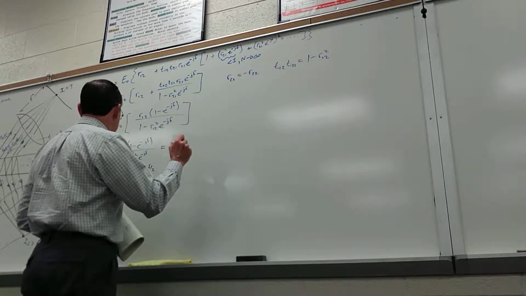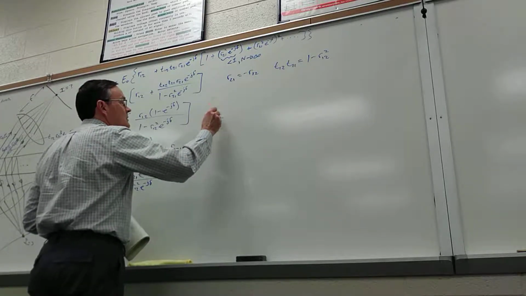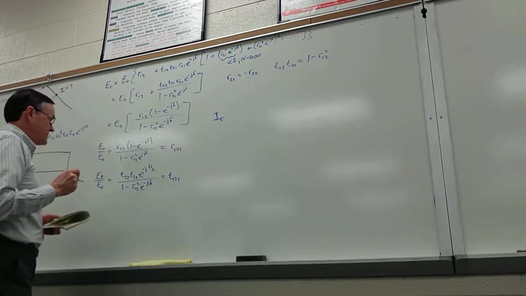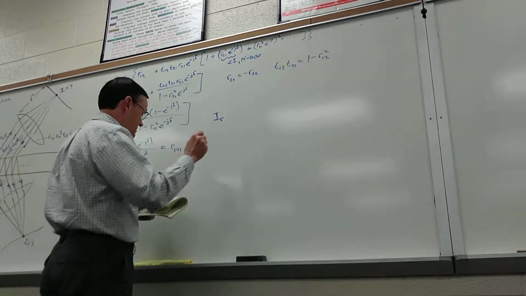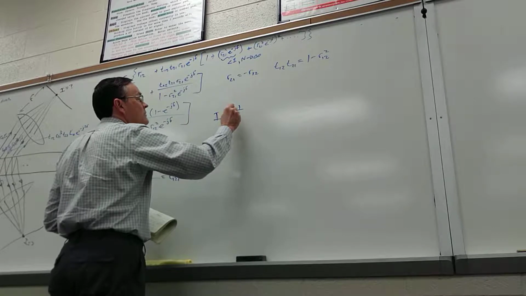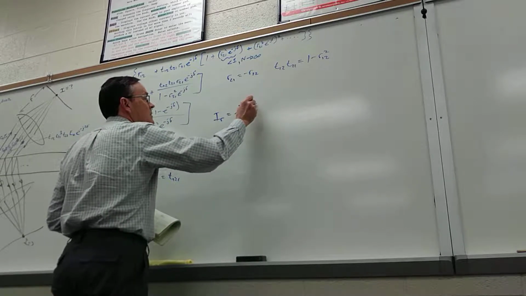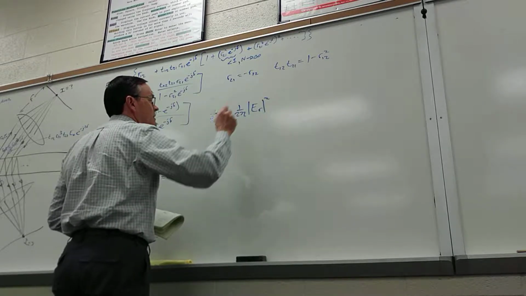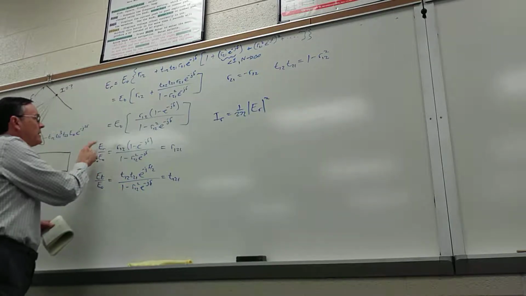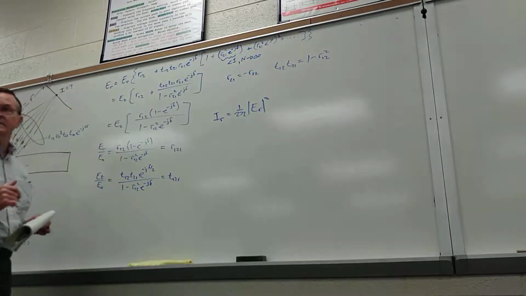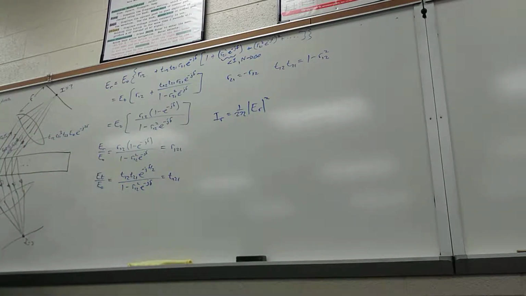Okay, so now what we can do is calculate the irradiance, and so the irradiance for the reflected light is going to be 1 over 2 times eta magnitude squared of this amplitude ER, which clearly is in general complex.